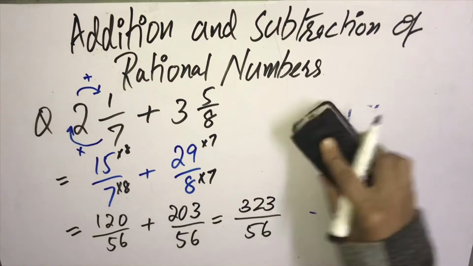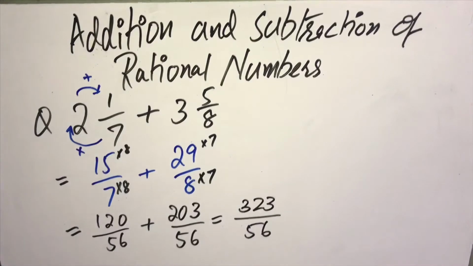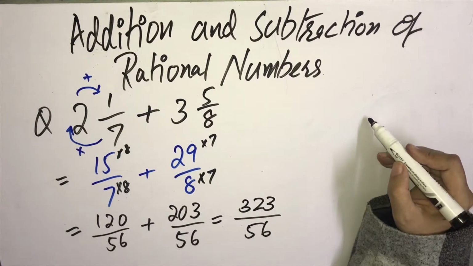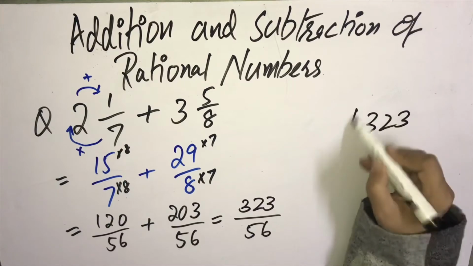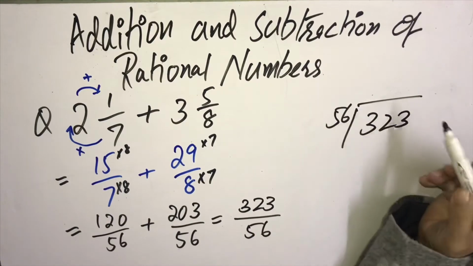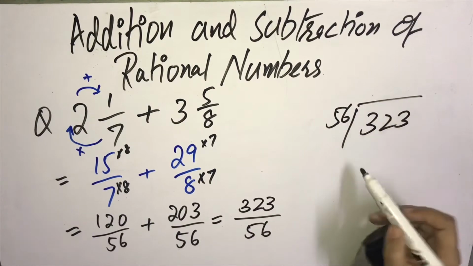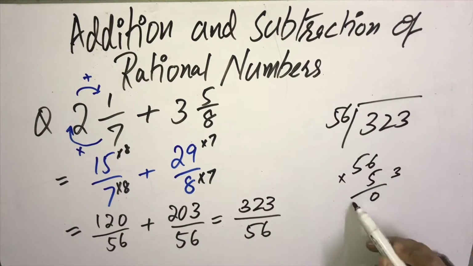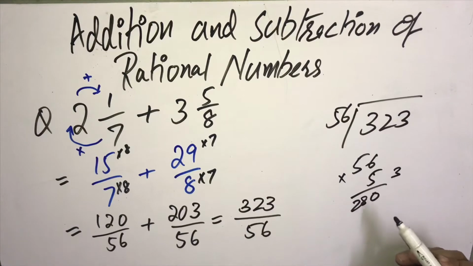And then we shall convert our answer into a mixed number, as we go in the table of 56. 56, I guess 5 times. If we take 56 6 times, this is 336.